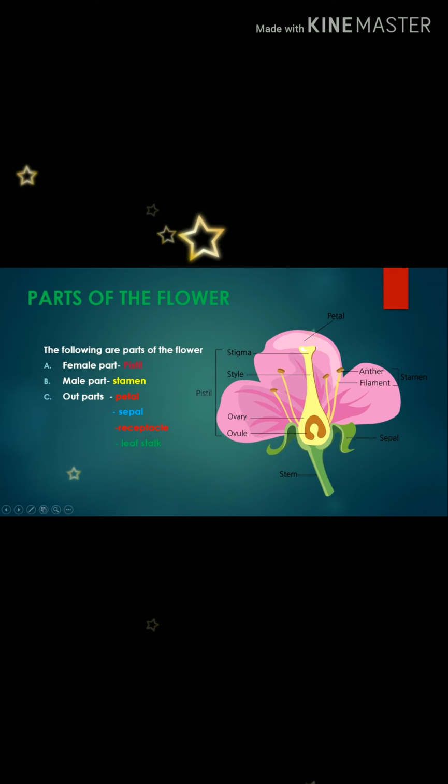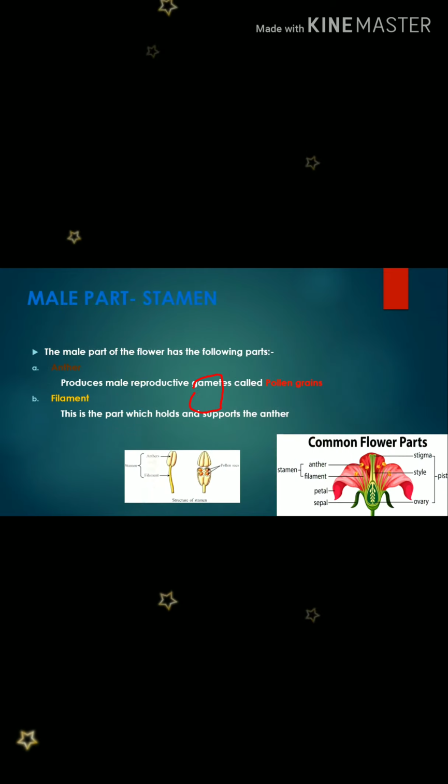And we have outer parts: petal, sepal, receptacle, and the leaf stalk. We can see them in the diagram. This is stigma. This is style. This is ovary, which all are found in the part known as pistil, which is the female part of the flower.